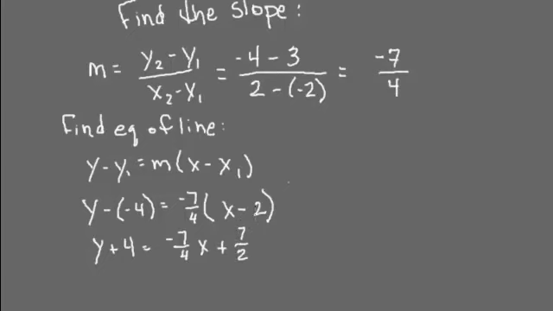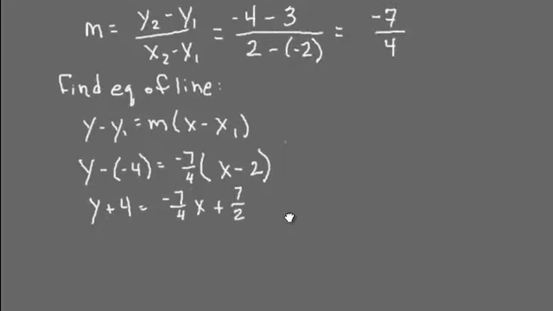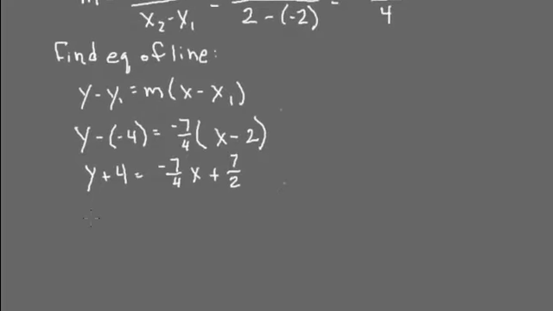I'm going to subtract 4 from both sides, knowing that I need a common denominator. y equals negative 7 over 4 x, oops, I forgot my x, plus 7 halves minus, and I'm just going to write 8 halves because that is what 4 is.